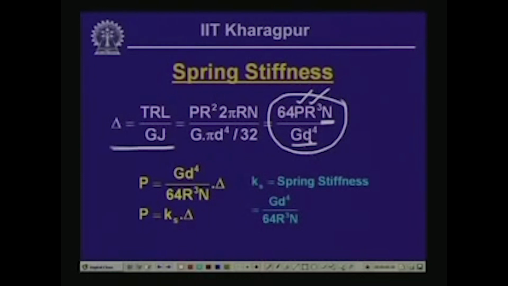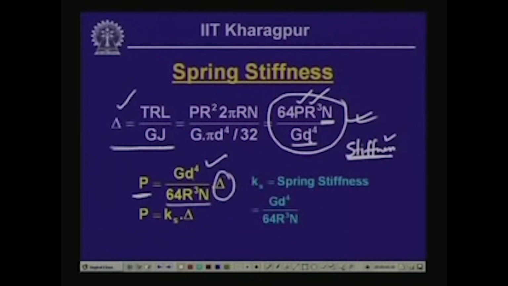Now, if we write this expression in a slightly different way, representing P as a function of the displacement delta, we get P equals G d to the power 4 divided by 64 R cube N times delta. Generally, we define stiffness as the force required to produce unit displacement.